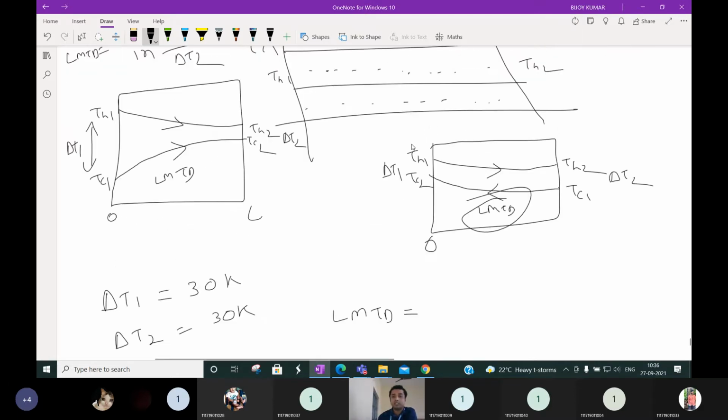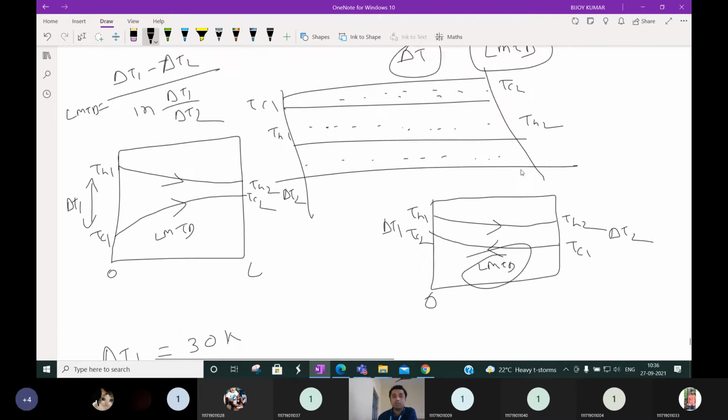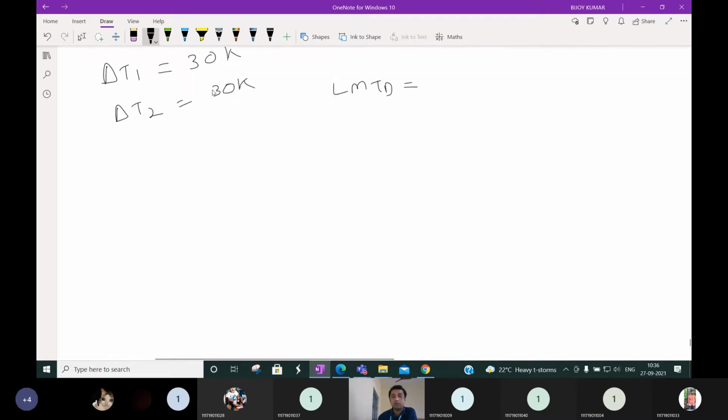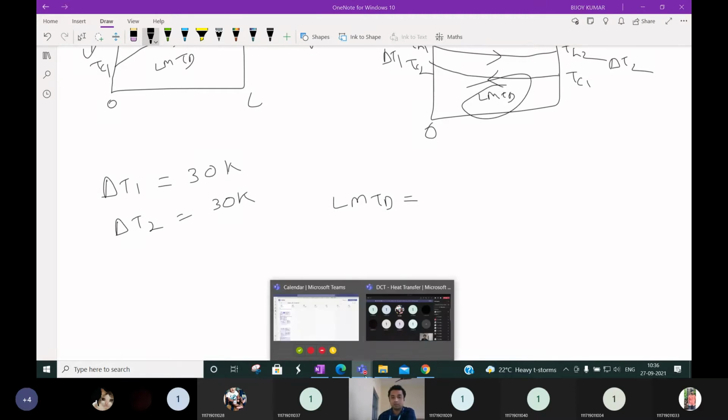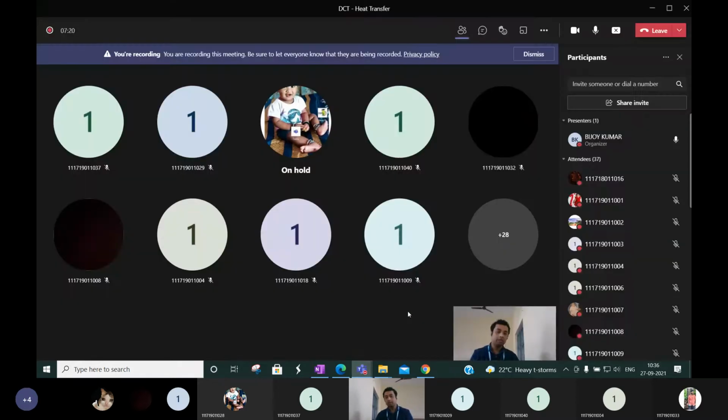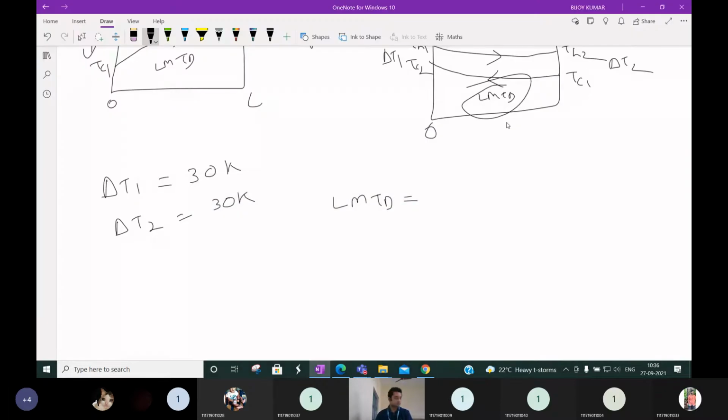After knowing delta T1 and delta T2, you know how to calculate the LMTD. If delta T1 is 30 and delta T2 is 30, find the LMTD. Please use your calculator and tell me the answer. Anyone calculating, please tell me that you are calculating.